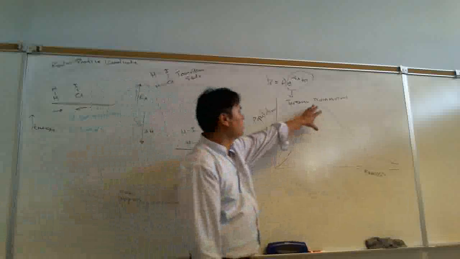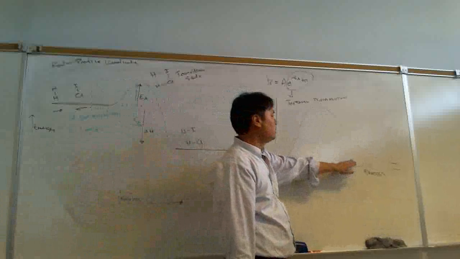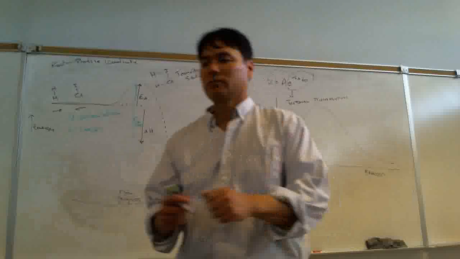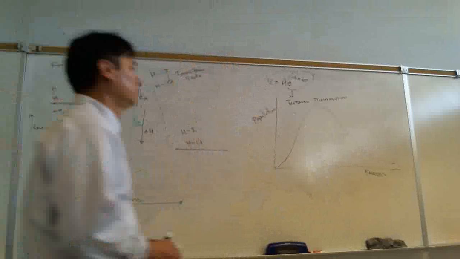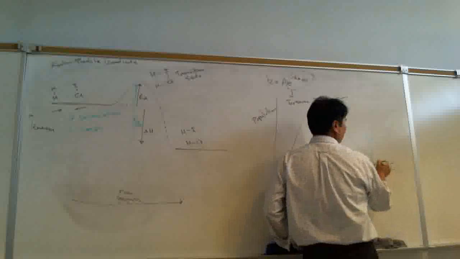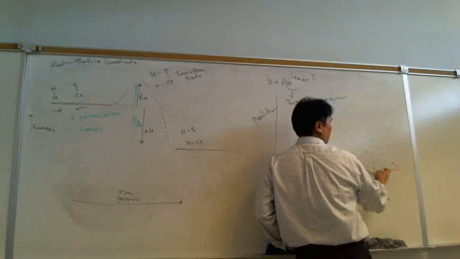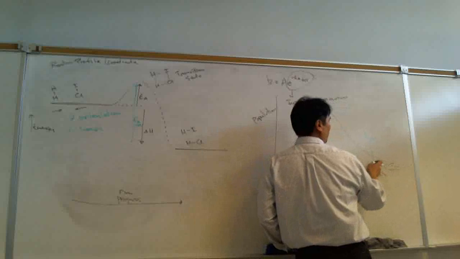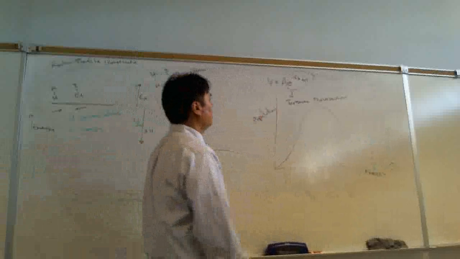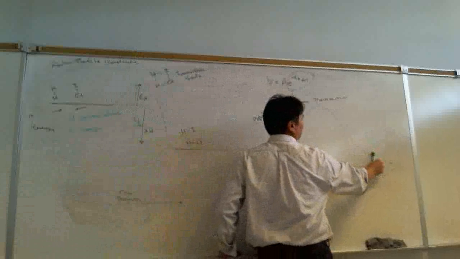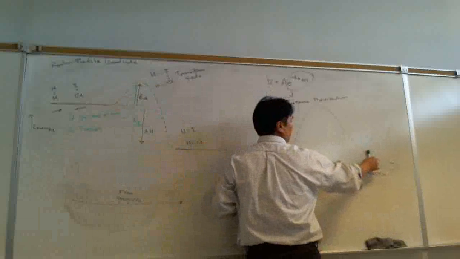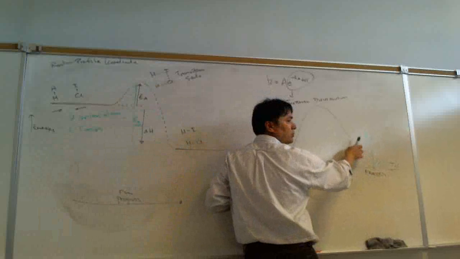The bulk of the molecules will have some energy here, but some of these molecules will have fairly high energy. There's going to be an energy cutoff here. The energy cutoff is E sub A. There will be a population with energies greater than E sub A and a population with energies less than E sub A. As E sub A grows smaller, that is, the amount of energy it takes to form this transition state becomes smaller, the population grows.